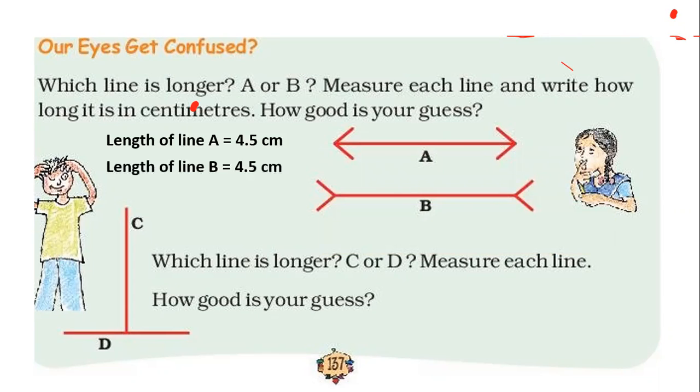No, it is not 5. It is around 4.5. If you see, the length of A and the length of B are both the same. You said B is more, but you are taking the extra length of that also. See.